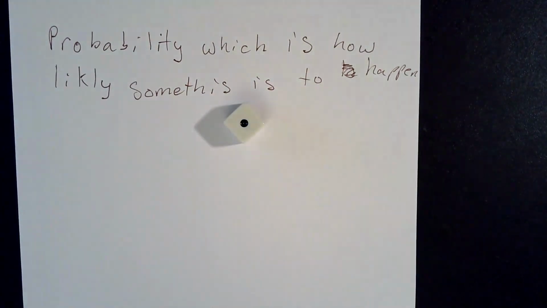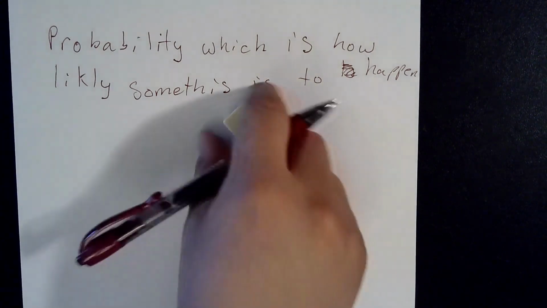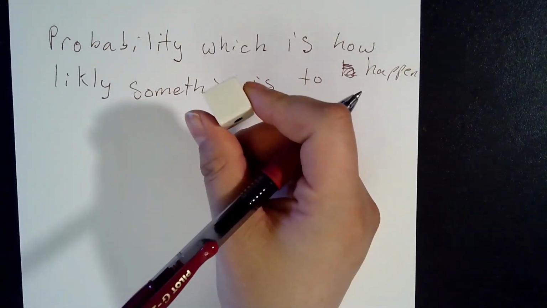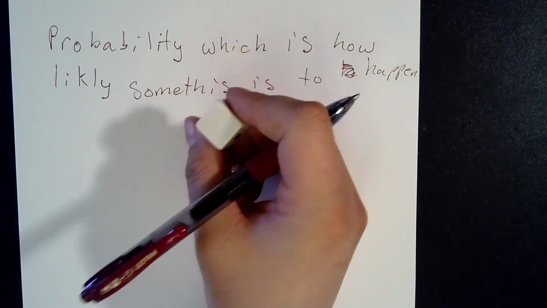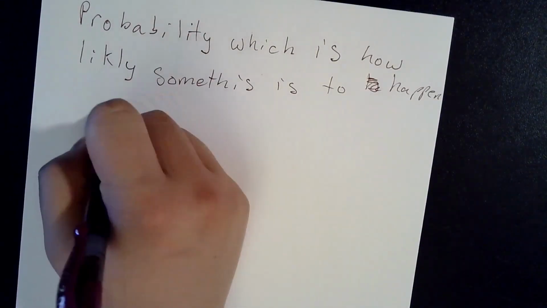Okay, so this dice has two sides, each with a value of 0, 1, and 2. Probability means how likely am I to roll one of the faces that has a 0, right? So we have 6 sides to a dice.